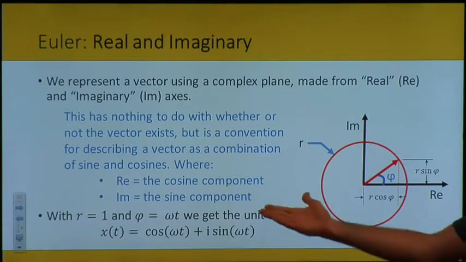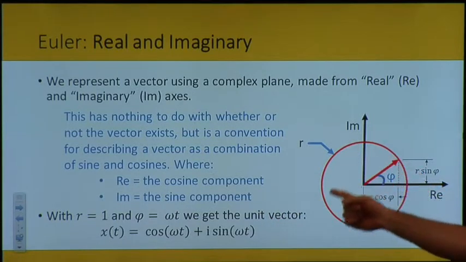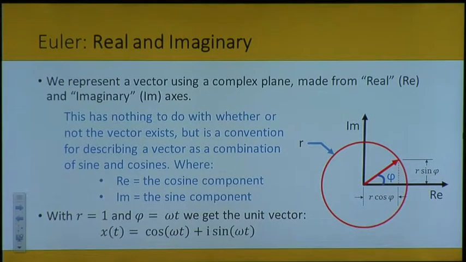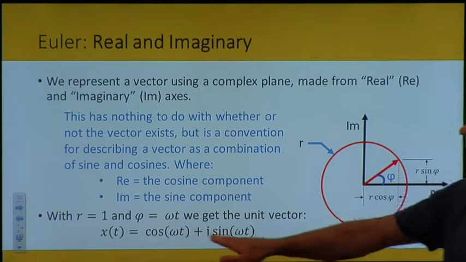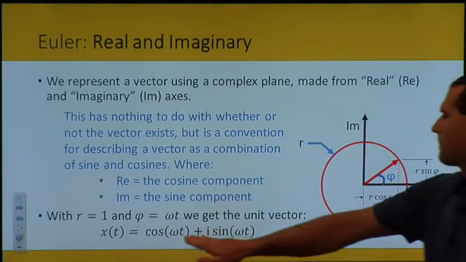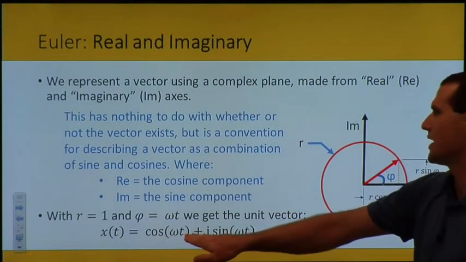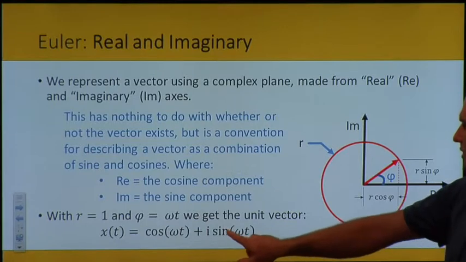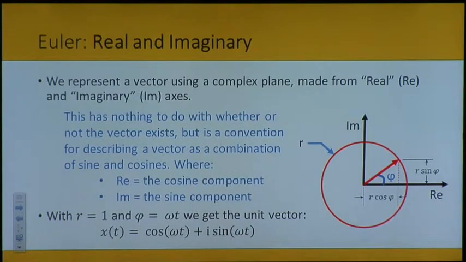So if r equals 1, in other words, if I do have a unit circle, and phi equals omega t, which is often how we define phase, then I can write my complex vector here as the addition of my real and imaginary term. The imaginary term has this i, which is my imaginary number, and we'll talk more about that in a bit.